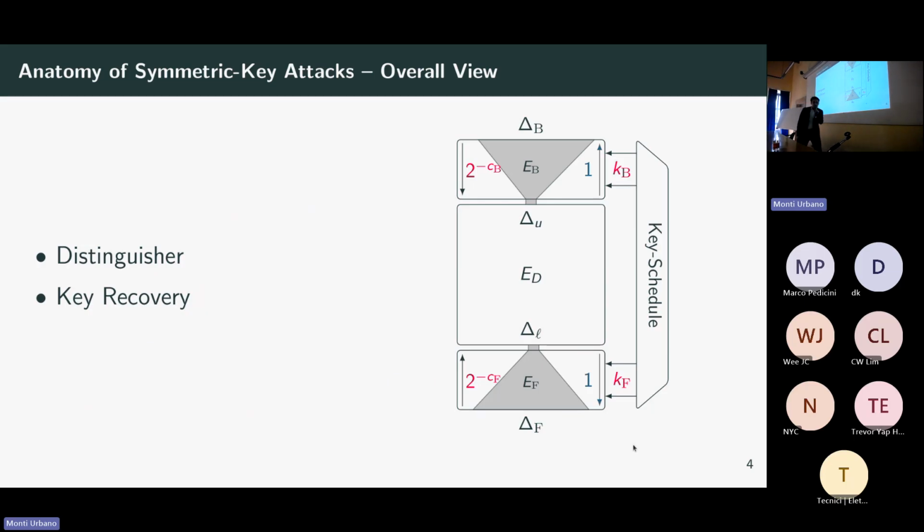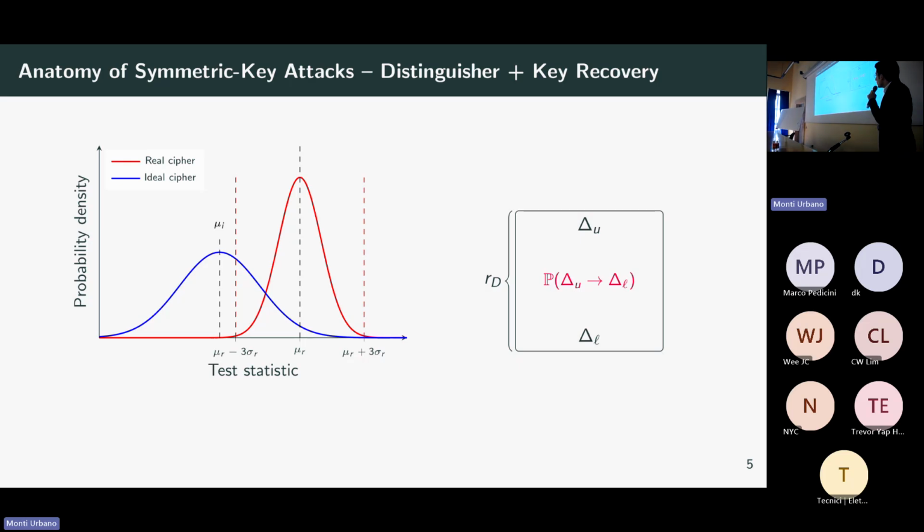For the distinguisher phase, we typically find a property for part of the cipher which behaves differently from that of an ideal cipher. Let's say a differential trail. For an ideal cipher, the number of pairs that satisfy a differential follows kind of a normal distribution with a certain mean and variance.